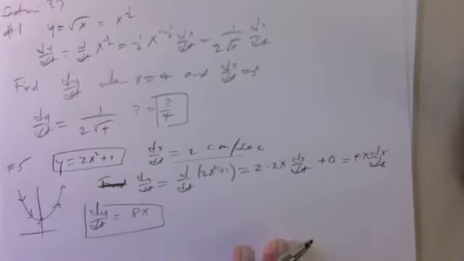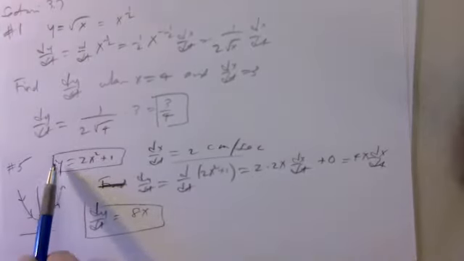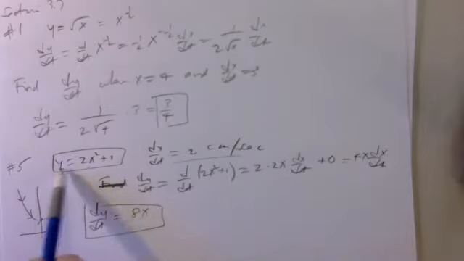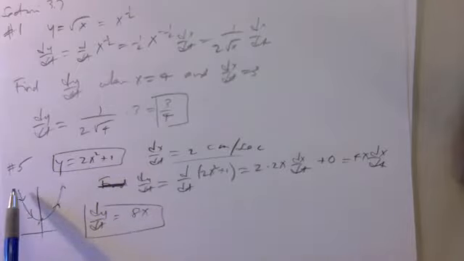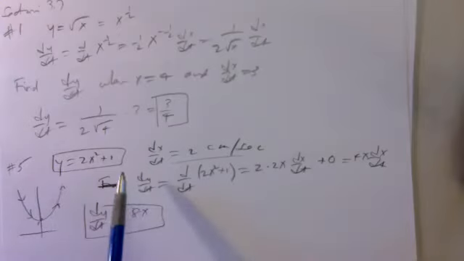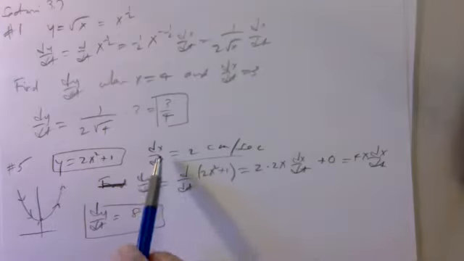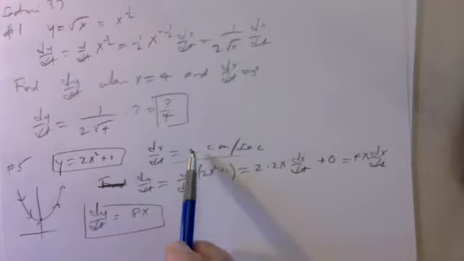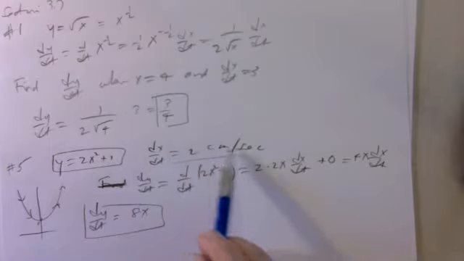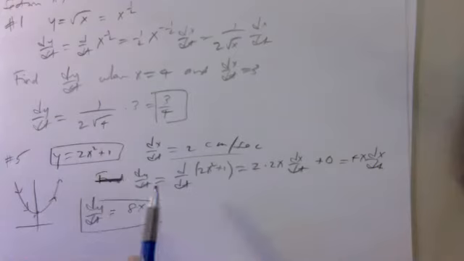Let me just review this again. We have a particle moving along this curve, which happens to be a parabola. It's nice to see what it looks like. And the x component of motion is changing at a constant velocity, 2 centimeters per second. And we want to find dy dt for certain values of x.